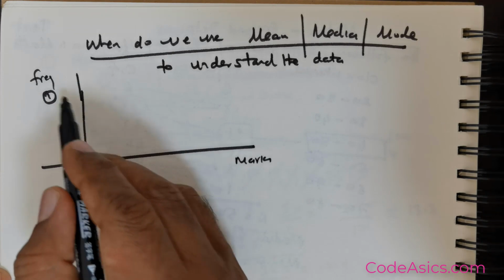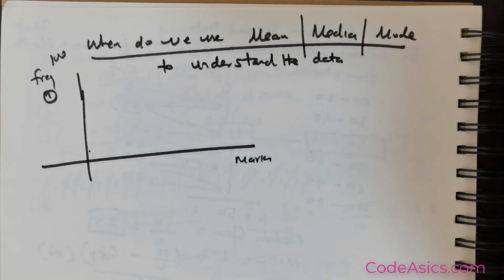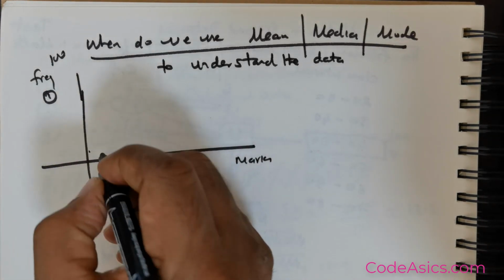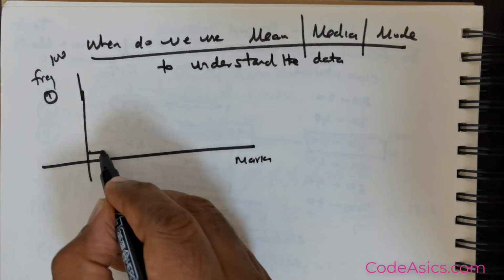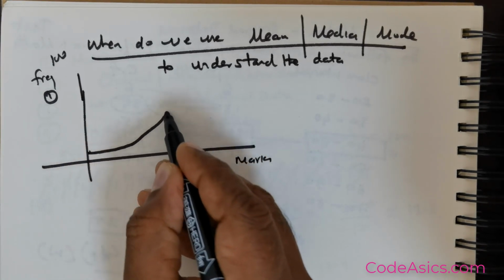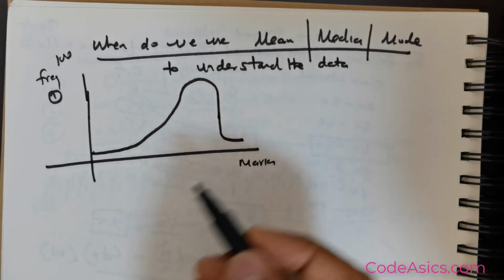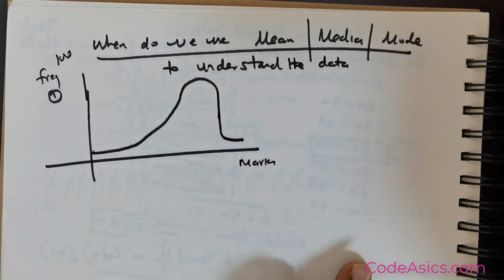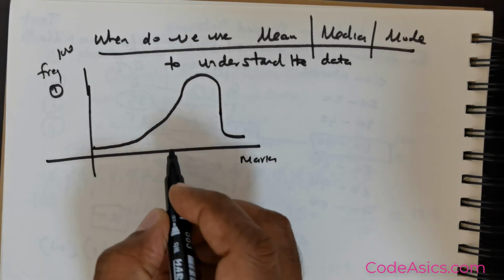Now the sample size, or the population, is 100. You can take it as you want. Now if you were to plot it, you will have a graph which is left skewed. This is just a case scenario. Suppose you have a graph like this.